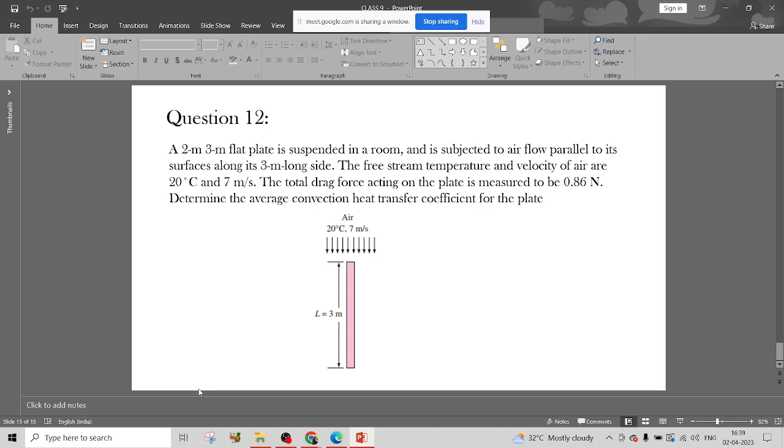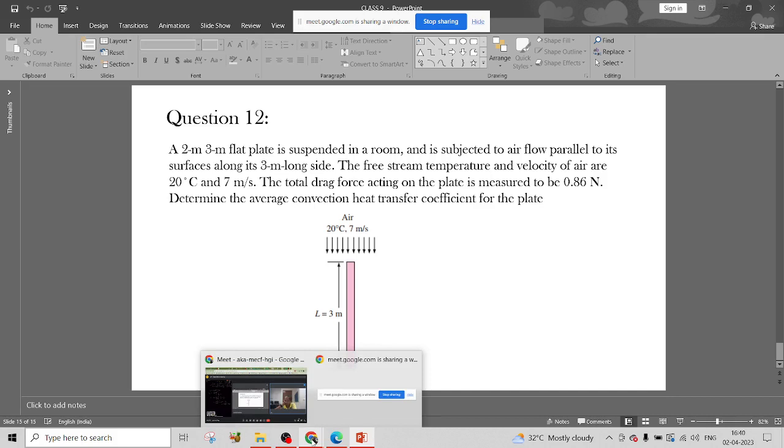The free stream temperature and velocity of air are 20 degrees Celsius and 7 meter per second. The total drag force acting on the plate is measured to be 0.86 Newton. Determine the average convection heat transfer coefficient for the plate. Let us take 10 minutes to solve it and then we'll go on for the solution.